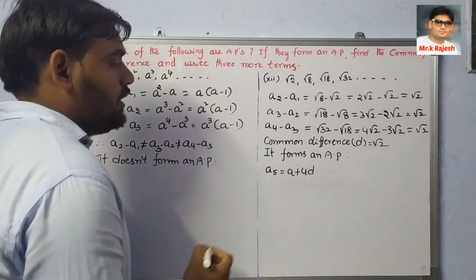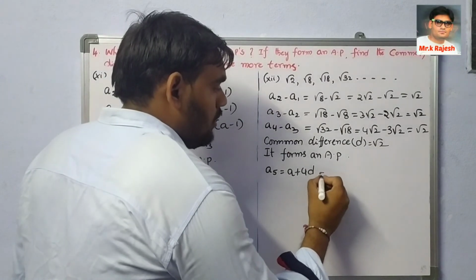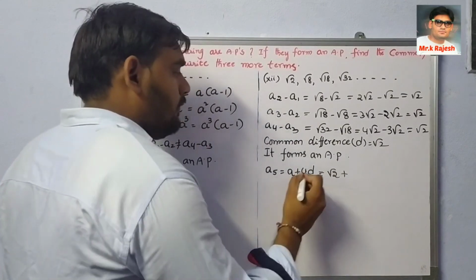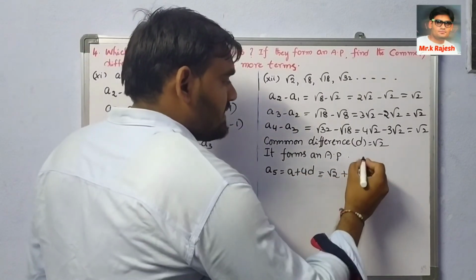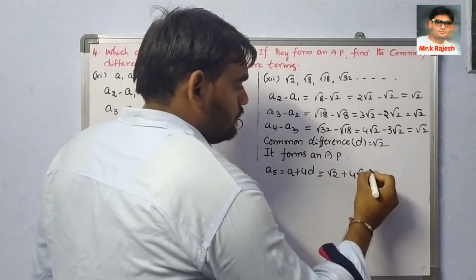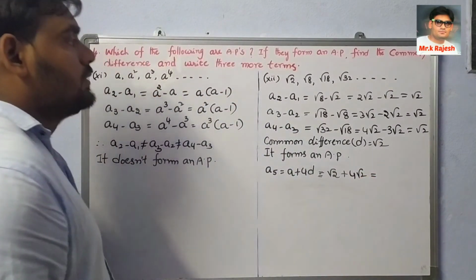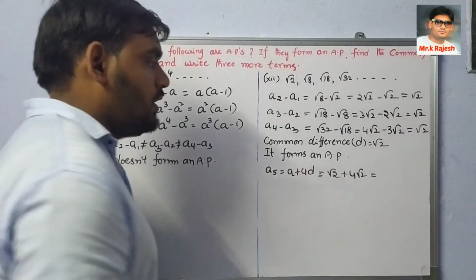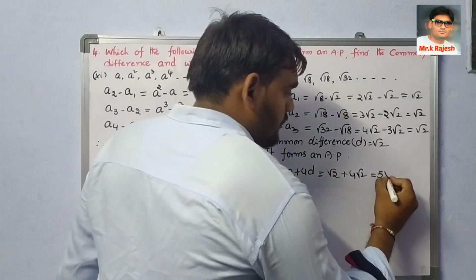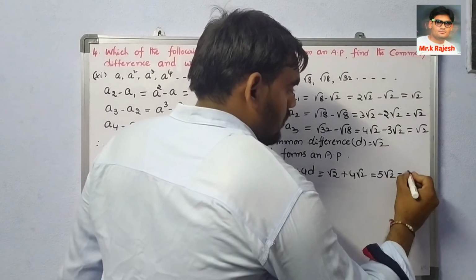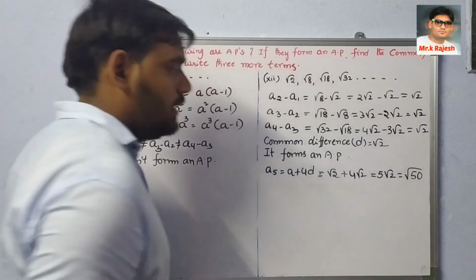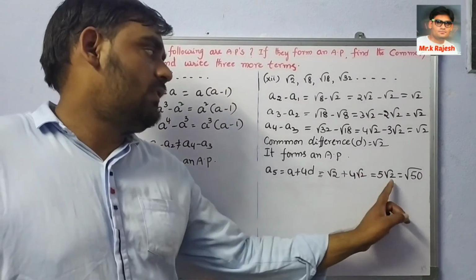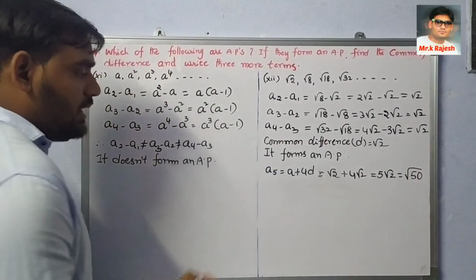A is nothing but here root 2 plus 4 into d, d is nothing but root 2. Am I correct or not? So a value is root 2 plus 4 root 2. So it is 5 root 2. This can be written as root 50. So here 5, inside this square root, 5 square means 25. 25 into 2 is 50. So root 50 we will get.